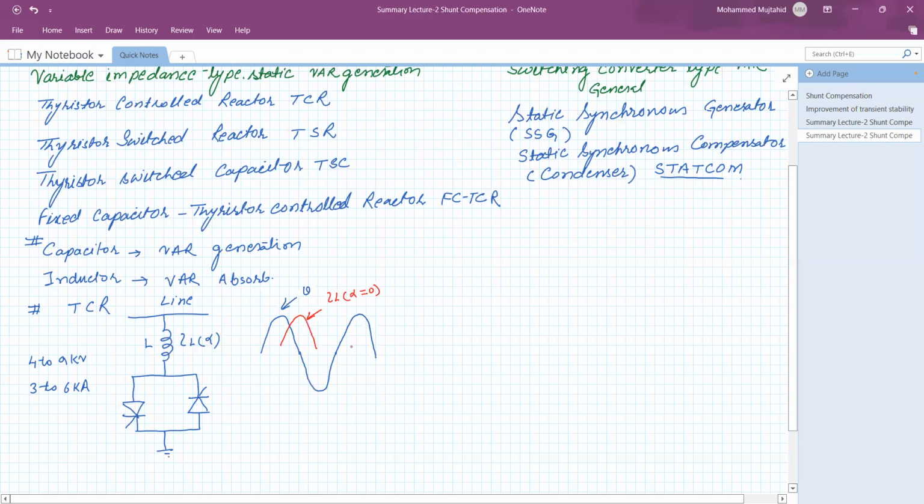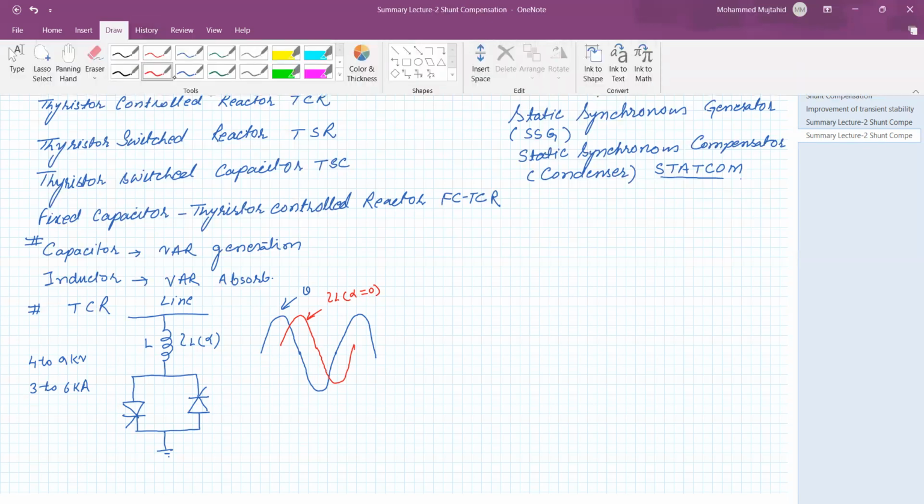This is the same for the negative half cycle. Here the firing angle is equal to 0, therefore it starts at the peak of the voltage, and one can see the current is lagging by 90 degrees because of the inductor.